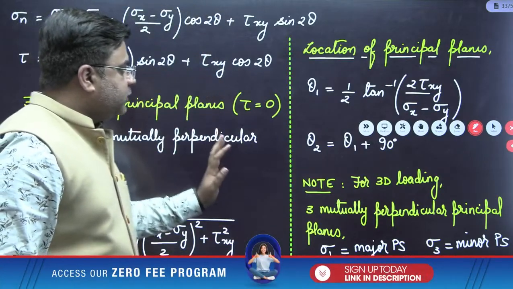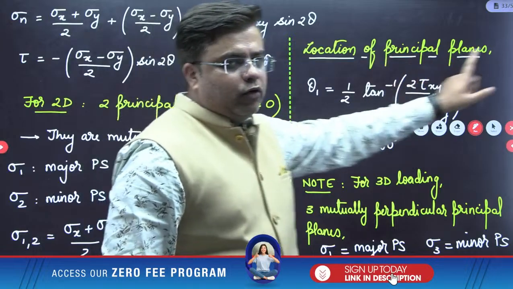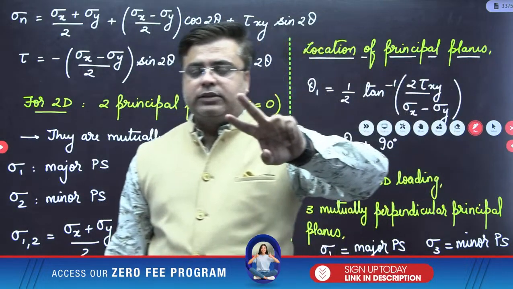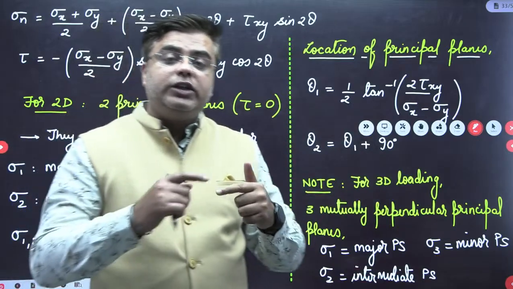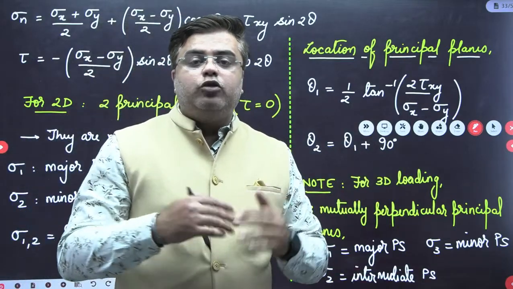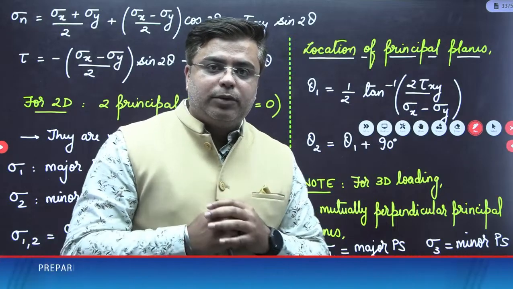Now after this, in 2D loading, you have two principal planes. There will be two more planes over which shear stress is maximum, and those are termed as planes of maximum shear stress.